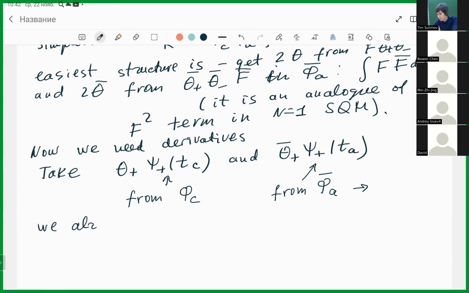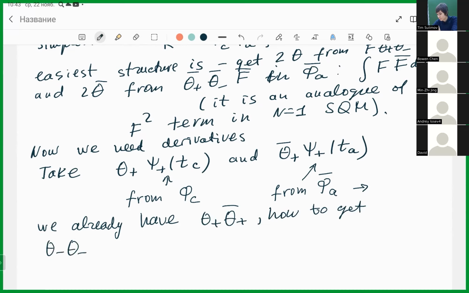So we already have theta plus bar. How to get theta minus?